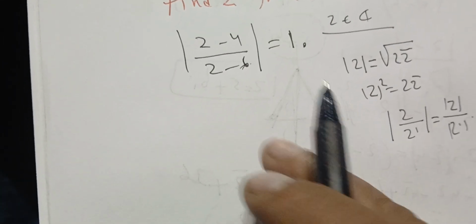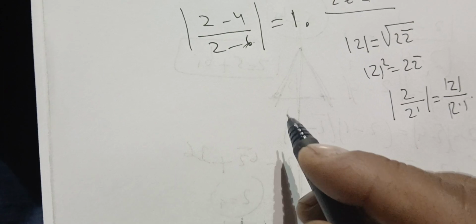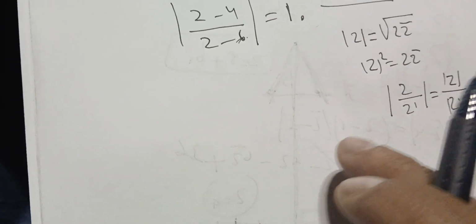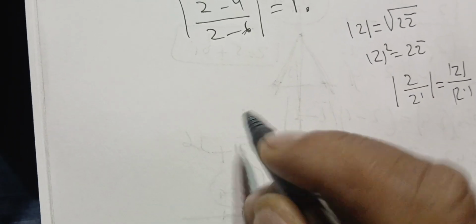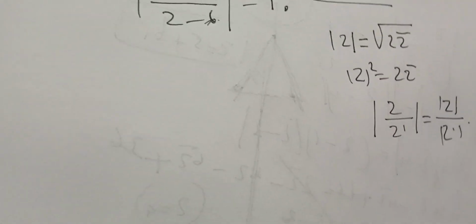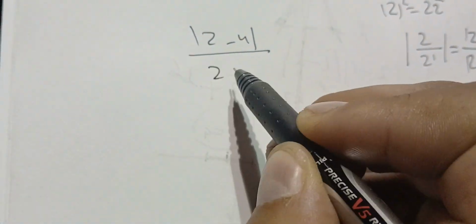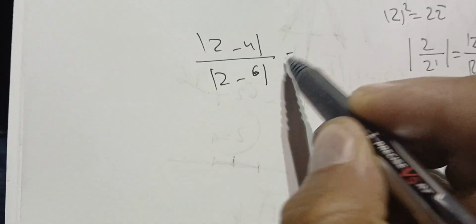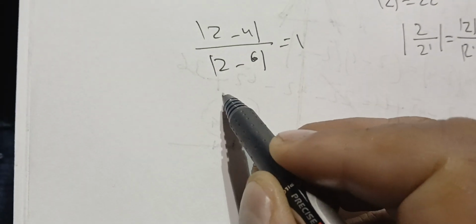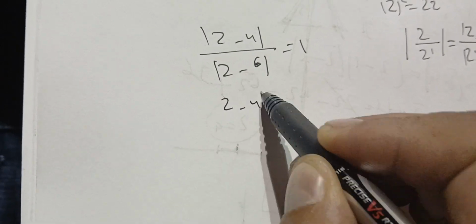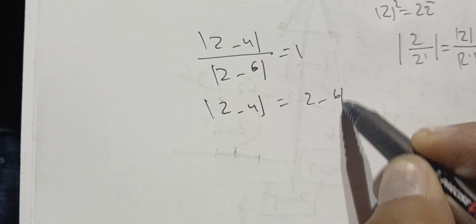Using this last fact, we see that this is equal to the norm of z minus 4 over the norm of z minus 6 equal to 1. So this gives the norm of z minus 4 equals the norm of z minus 6.